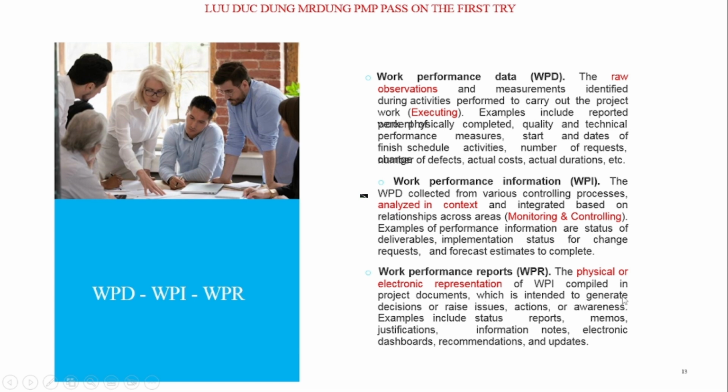The WPR is intended to generate decisions or issue actions, or raise awareness. Examples include status reports, memos, justifications, information notes, electronic dashboards, recommendations, and others. So for this, WPD is raw data; WPI is information after analyzing raw data; and WPR is the report after collecting information.